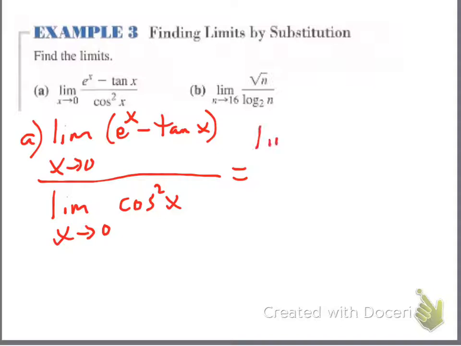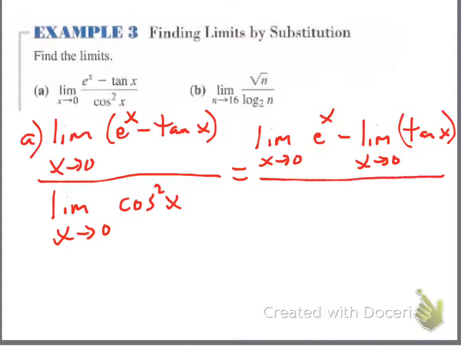So we have the limit as x approaches 0 of e to the x minus the limit as x approaches 0 of tangent x, over, now this is cosine squared, correct? So now I can take that whole limit as x approaches 0 of cosine x and square it.